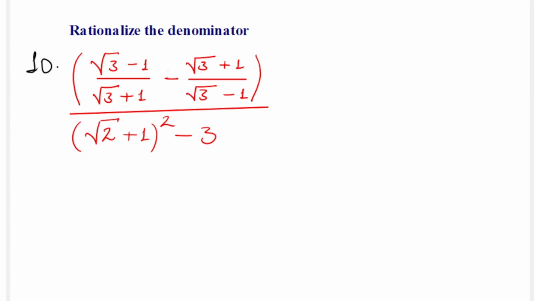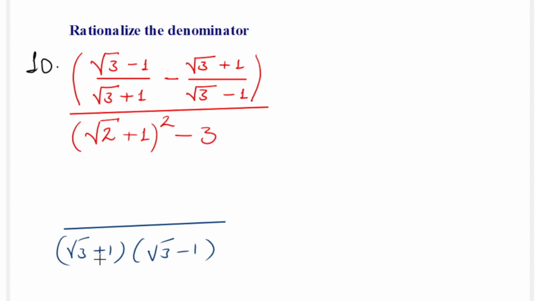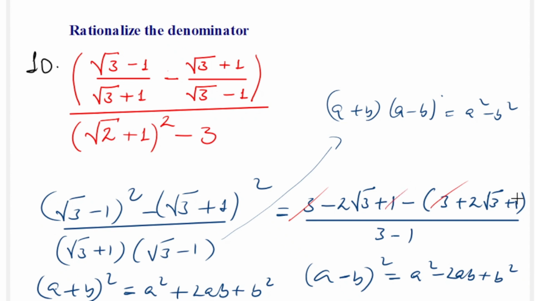10. Radical 3 minus 1 over radical 3 plus 1 minus radical 3 plus 1 over radical 3 minus 1, over square root of 2 plus 1 squared minus 3. So to rationalize this, let's simplify the numerator first. The least common multiple of radical 3 plus 1 and radical 3 minus 1 is radical 3 plus 1 times radical 3 minus 1. 3 is cancelled out, 1 is cancelled out.